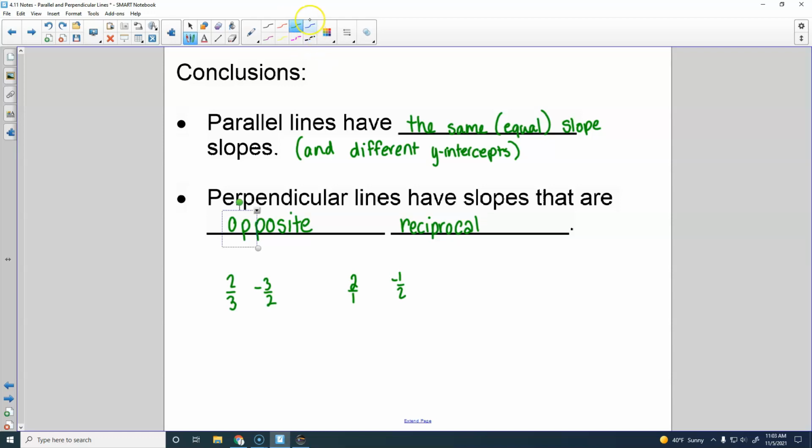So opposite means to change the sign, and reciprocal means to flip the fraction. So whenever we are looking at perpendicular lines, we're going to have to flip the fraction and change the sign.